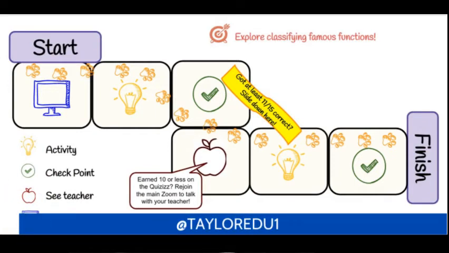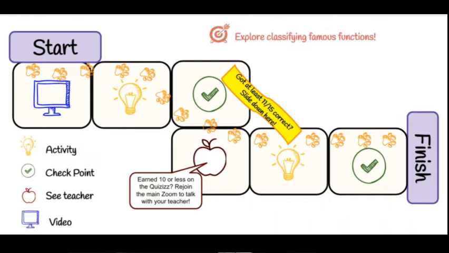He created this pathboard using Google Drawings and then linked to different tasks, which include watching a video, completing an activity to apply the information learned in the video, 2 checkpoints, a quiz, and a short conference with the teacher as quick formative assessments. It also includes a place to jump ahead if you've mastered certain tasks. What's even better is that this is designed to be used in virtual breakout rooms, allowing for both group and individual pacing.